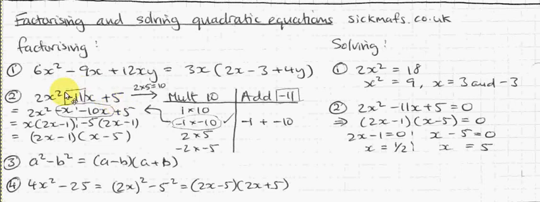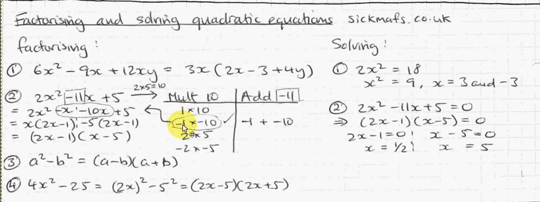What you do is take the beginning and end numbers, so in this case 2 and 5, which gives you 2 times 5, which is 10, and it gives you one target. The multiply target is 10, and the middle number, minus 11, is your other target. And what do you do with these targets? Very straightforwardly, you just say, give me numbers that times to make 10. 1 times 10 makes 10.